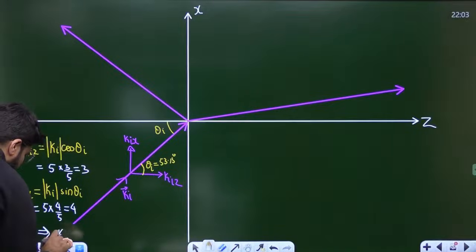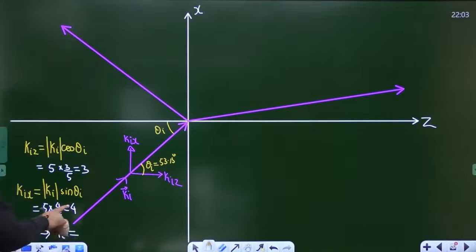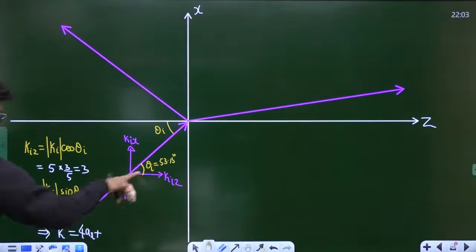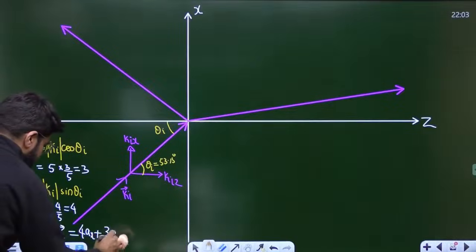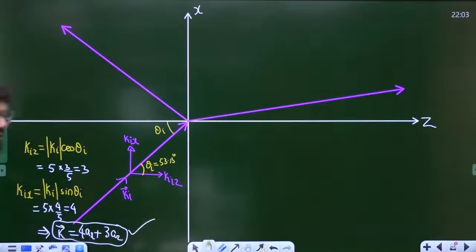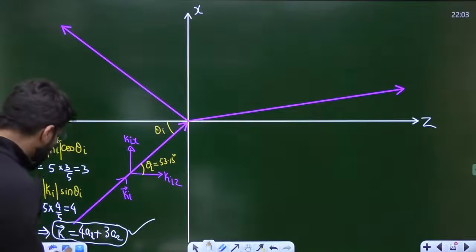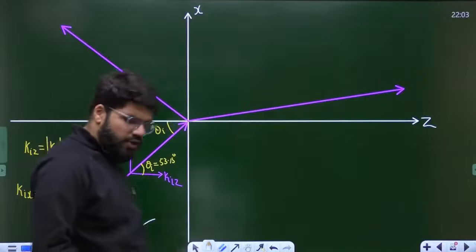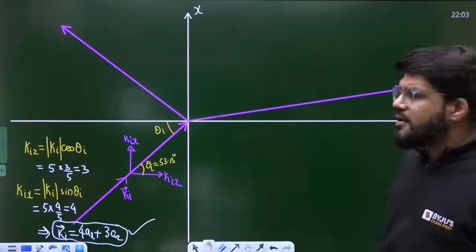That means if I want to write down the K vector, X component should be 4, 4AX, and Z component should be 3, 3AZ. Correct hai kya? Is this the information you already know? Yes guys, this is the information we already know. KI is 4AX plus 3AZ. Done? Right.